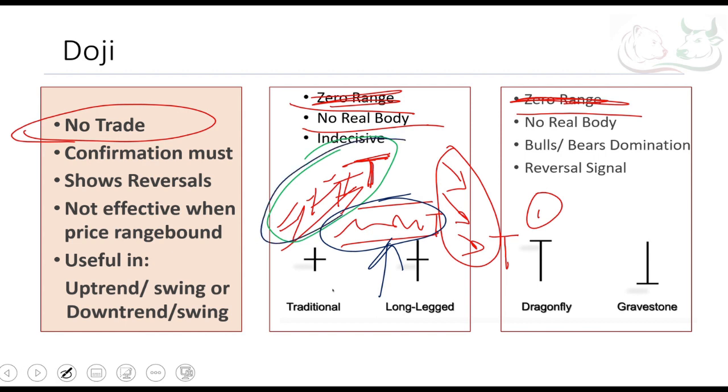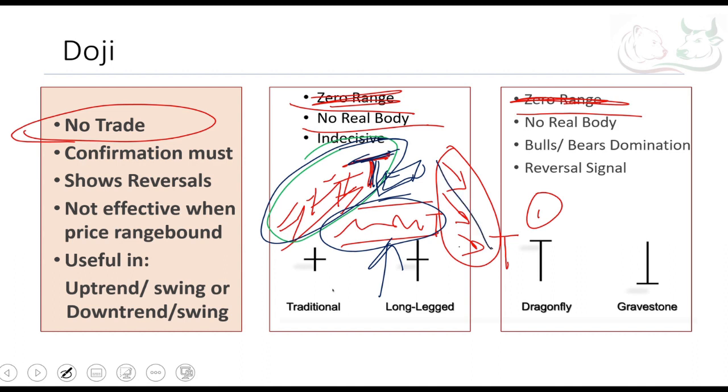When it is getting formed at a higher level after the upswing or uptrend, if the next candle confirms the reversal, it means that at this level, though the buyers could take the price higher, sellers still came in at this point. So there may be a possibility that prices may retrace from these levels.